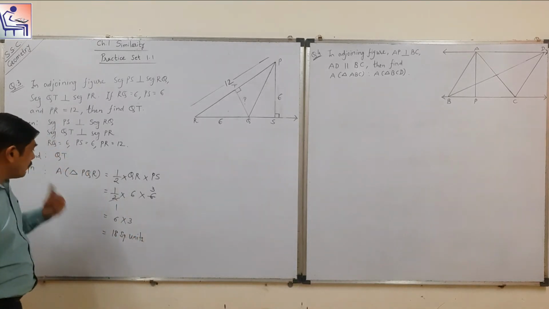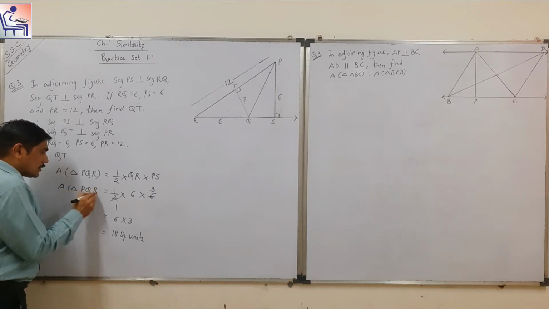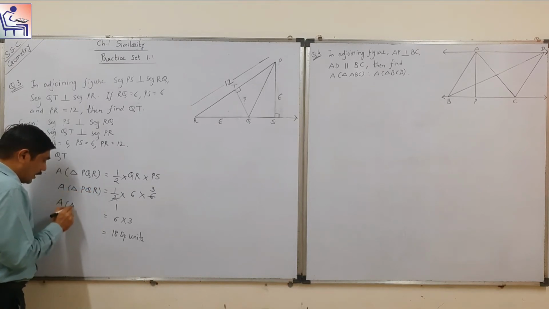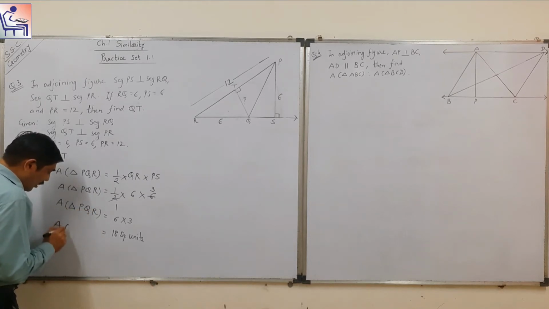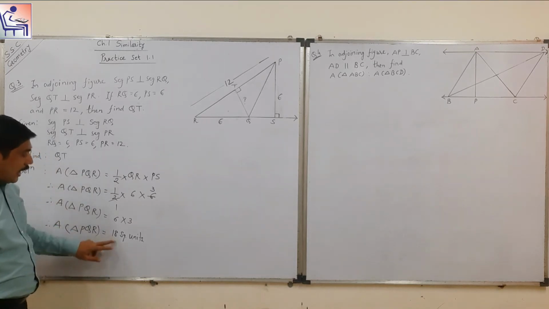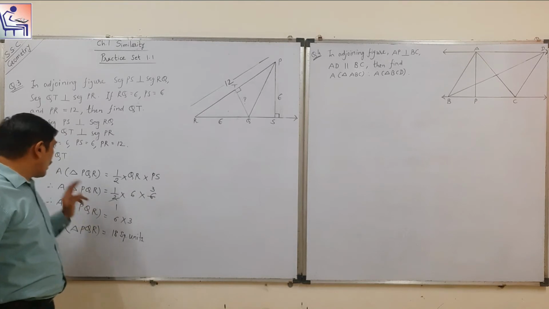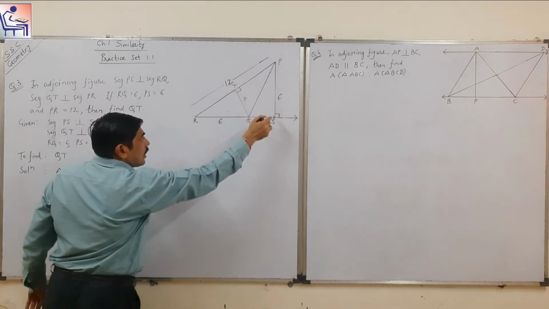What did we do? We first found out the area of triangle PQR, where we know the base and height. And now we will see how we got this 18 square units. So area of triangle PQR, I have taken this base and this as height.